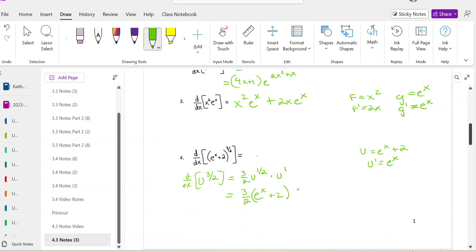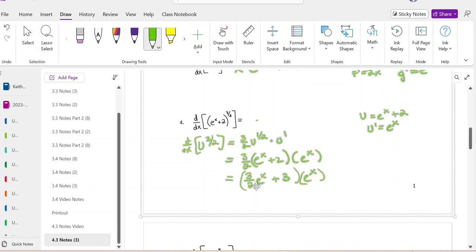times e to the x. Well, this is 3 halves e to the x plus 3 times e to the x when you distribute that in.